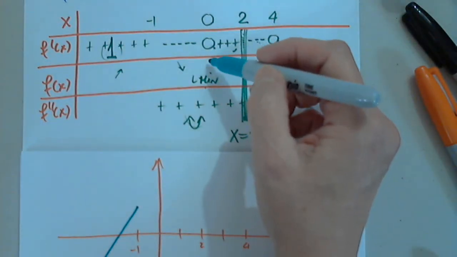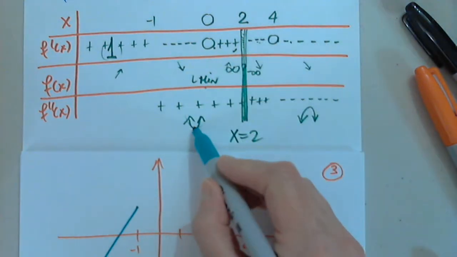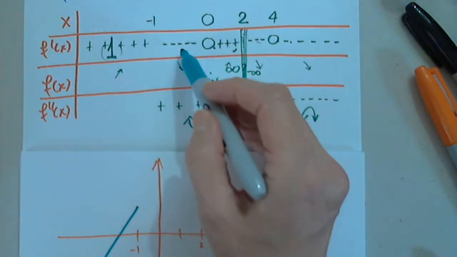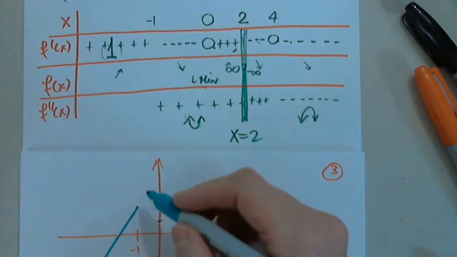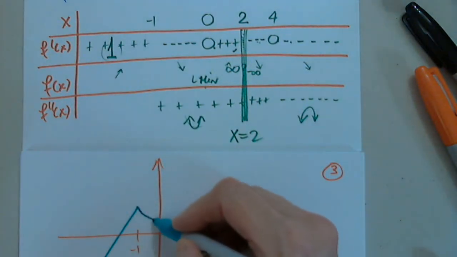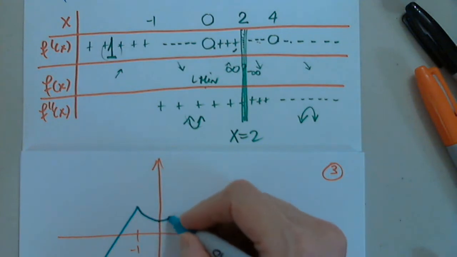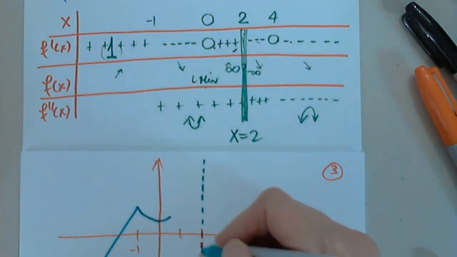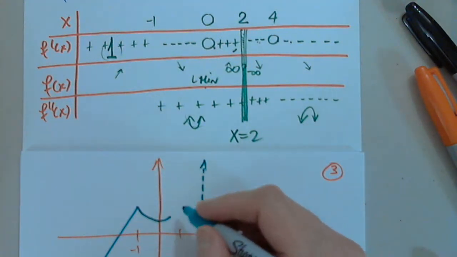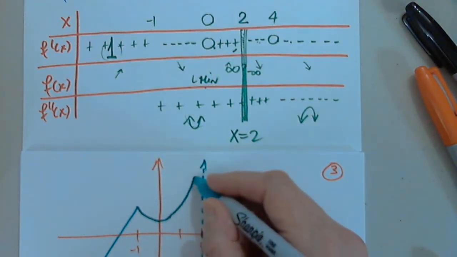Here at 0, there is a local minimum. The function opens upward, and it's decreasing. So I'm going to make my minimum here. That's my decision. And at 2 there is a vertical asymptote, and it goes to infinity.